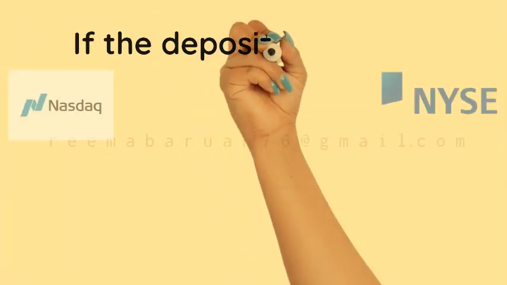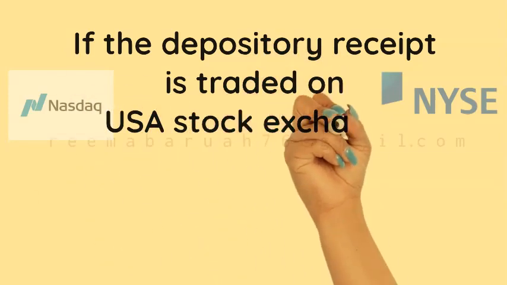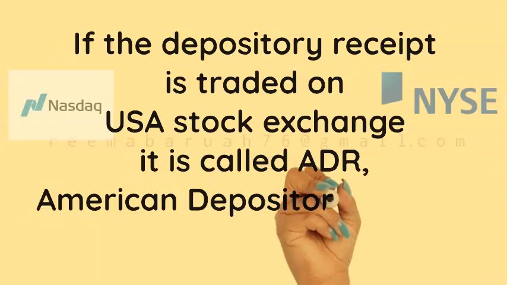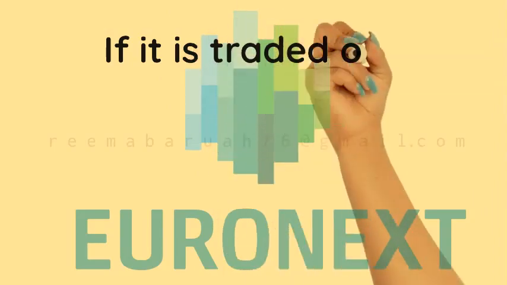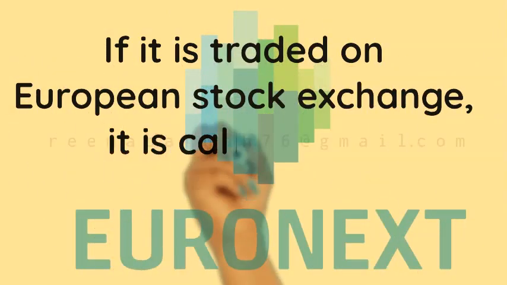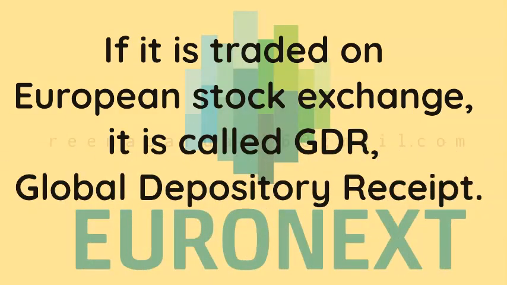If the depository receipt is traded on USA Stock Exchange, it is called ADR, American Depository Receipt. If it is traded on European Stock Exchange, it is called GDR, Global Depository Receipt.